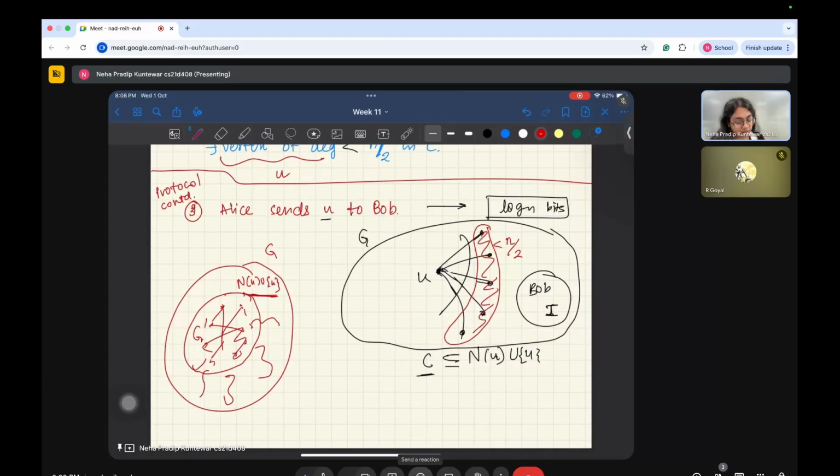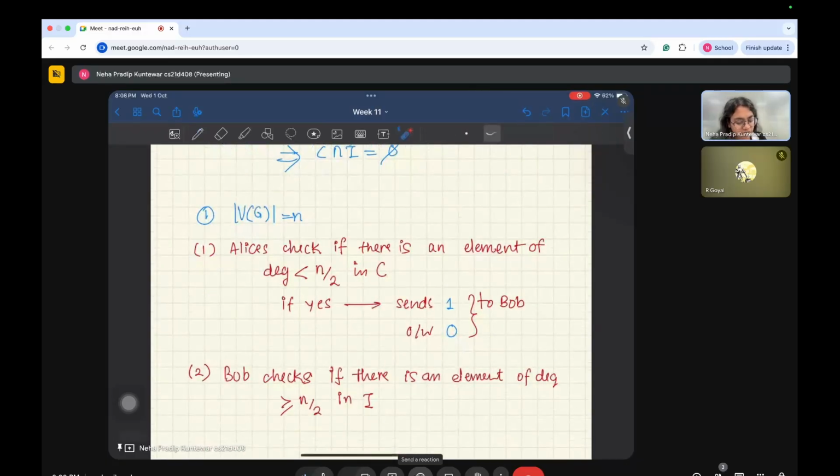From an instance of size n, we have shrunk our space to an instance of size n by 2, and now we repeat the same steps. Again Alice is going to check the new degree, and this is not going to be n by 2, because n is now n by 2. The number of vertices earlier was n, now the number of vertices is n by 2.